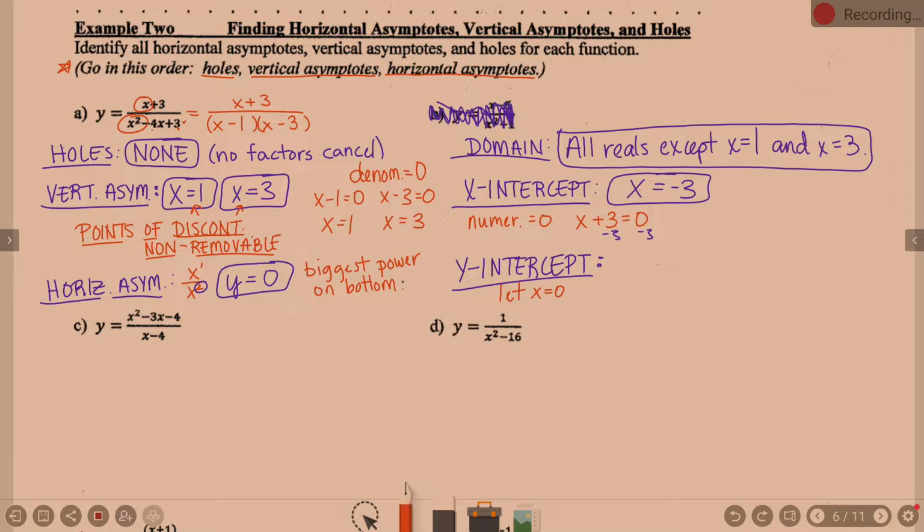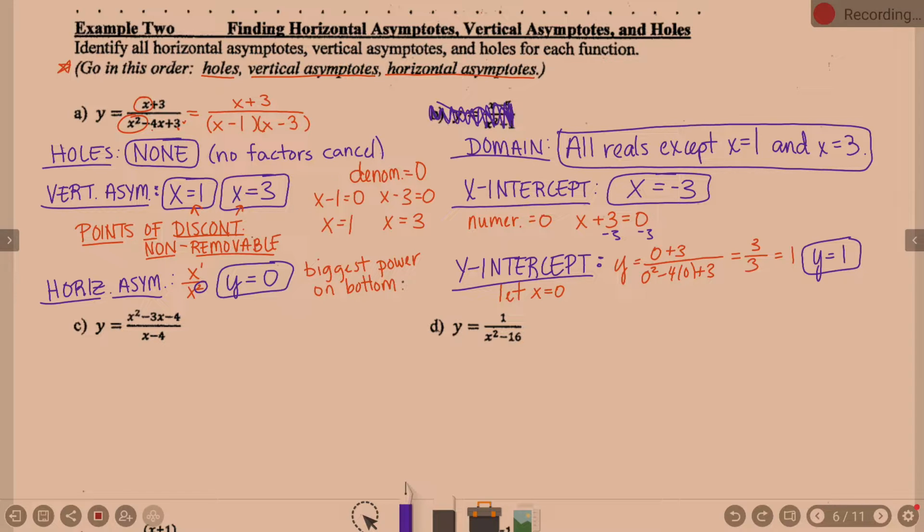So y equals 0 plus 3 over 0 squared minus 4 times 0 plus 3. Do the math: 0 plus 3 is 3. The 0 squared is 0. 4 times 0 is 0. Plus 3 is 3. What's 3 over 3? 1. What is my y-intercept? 1.